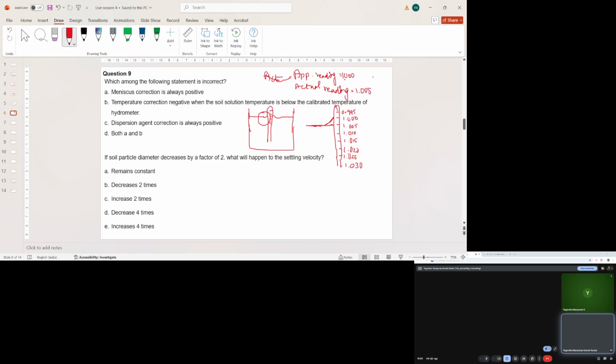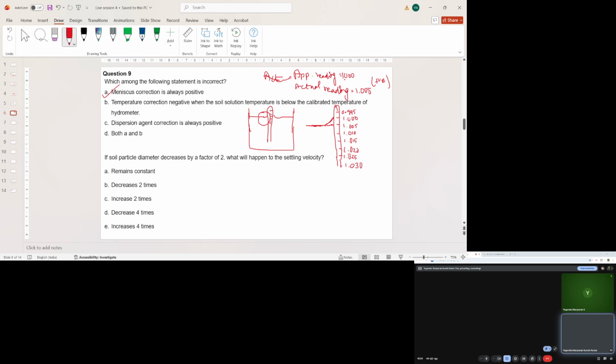So the correction is always positive. Alright, you should add. The correction is positive, the error is negative. The error is negative and the correction is positive. Alright, so this statement is always right.